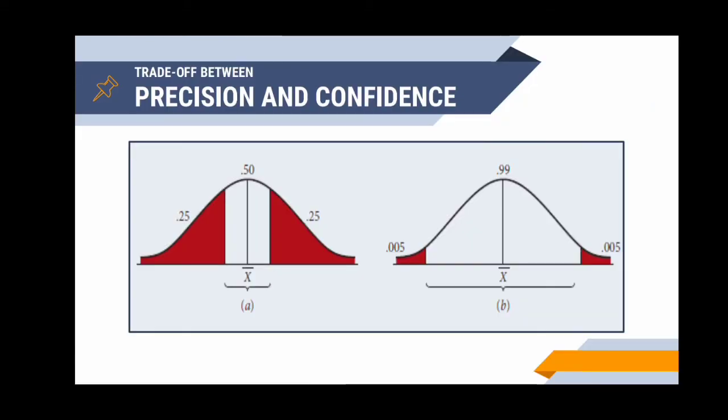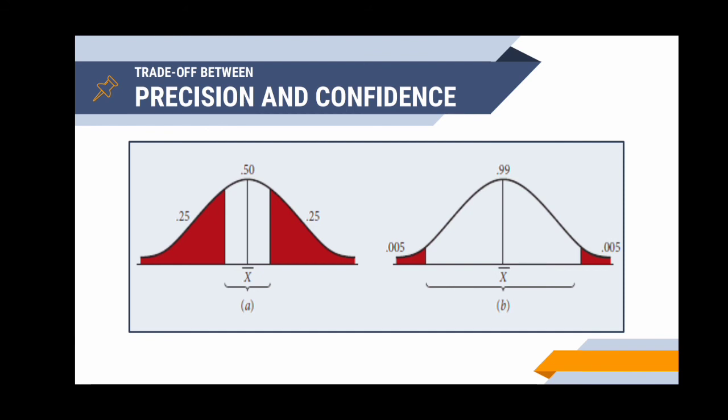However, what if hindi na natin madagdagan yung sample size for whatever reason? Like, let's say, hindi na natin afford yung cost kapag dinagdagan pa natin yung sample size. Then, gamit yung same sample size, the only way to maintain the same level of precision is to forsake the confidence in which we can predict our estimates. That is, babawasan natin yung confidence level or the certainty ng ating estimate.